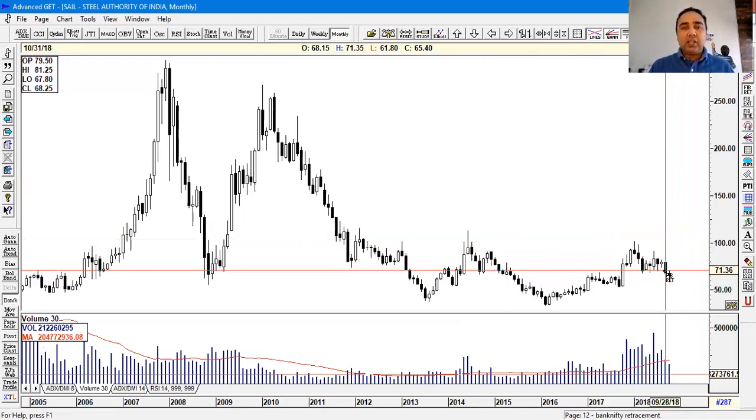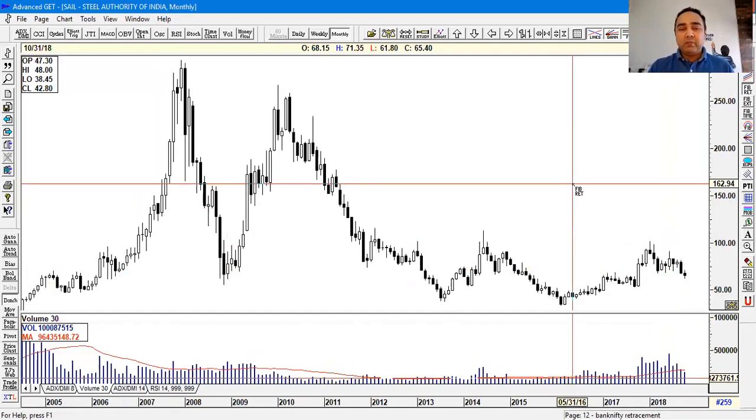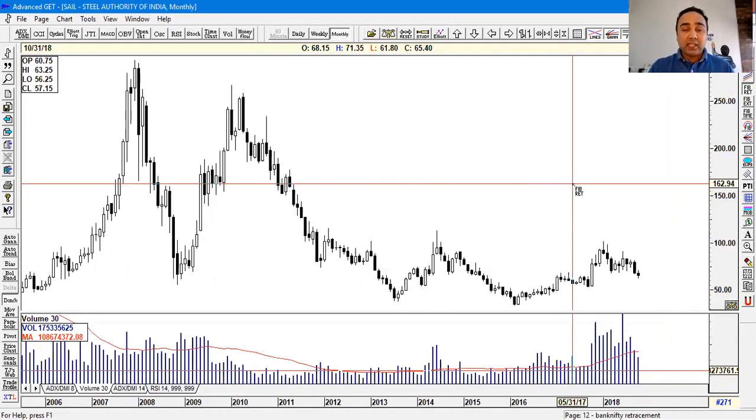You have to do this exercise once in 6 months to 1 year. So you get a list of all the cups in your folder, which are already there as a cup pattern, already broken out, or about to break out. So you can just keep tracking those stocks on a weekly basis, maybe a list of 100 or 200 stocks. So it becomes easy, but it's worth the exercise, because if you get one nice, big cup, you're going to make a lot of money.